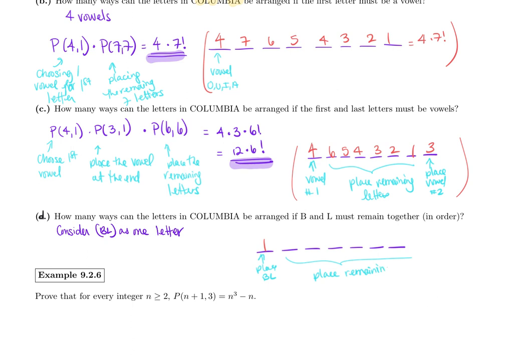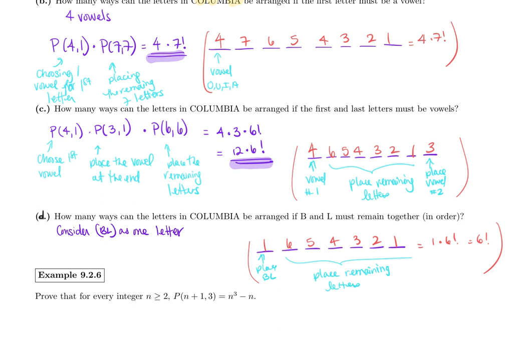Notice that we don't have 7 left anymore because we put B and L together. Now we only have 6 spaces remaining. So we'd have 6 times 5 times 4 times 3 times 2 times 1. Or here we get 1 times 6 factorial. So we get 6 factorial. So that's our brute force method.